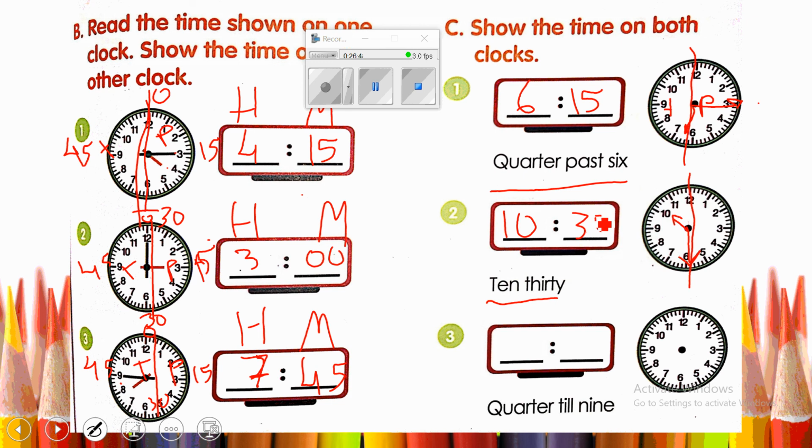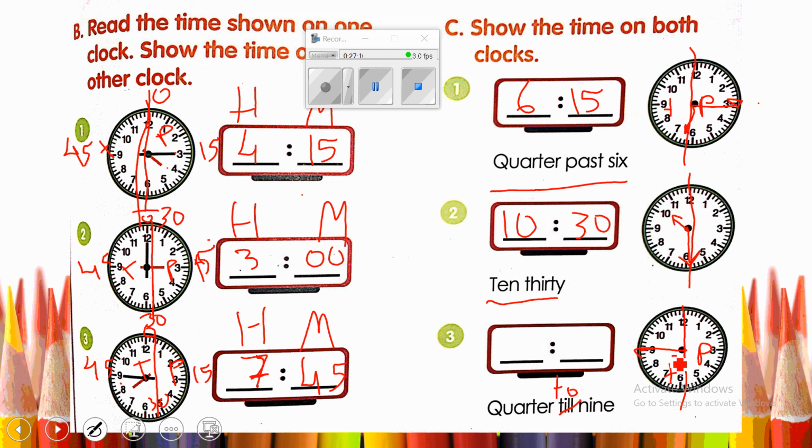Now, quarter till 9. Till also means to. So do not be confused. Write to. Let's draw the line. Here is past and here is to. To is till. Excellent. So quarter till 9. It will be 9. Excellent.